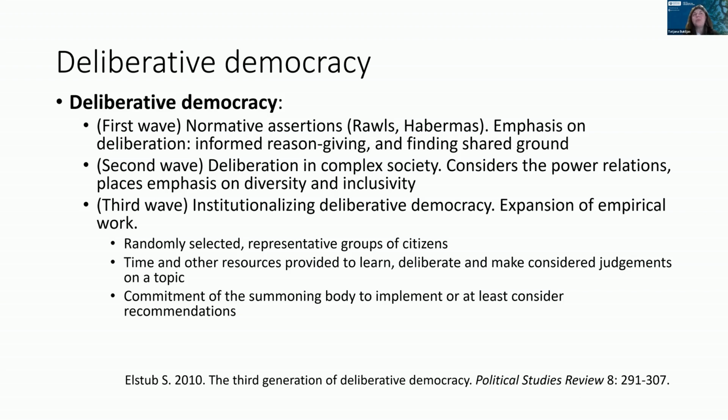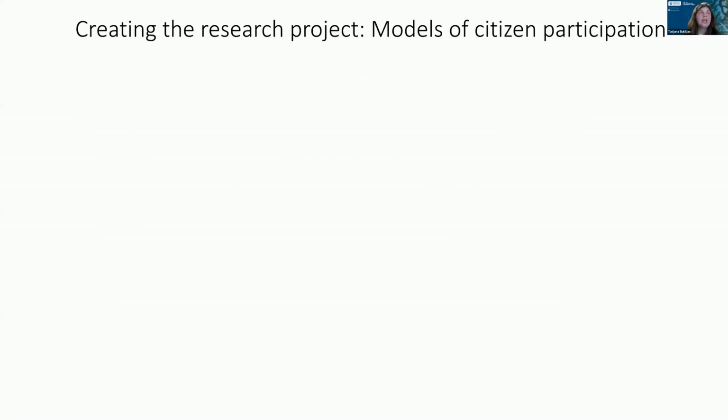This is where the popularity of citizens' assemblies and citizens' juries comes through. This is of course driven by the big complex policy problems we have today, climate change and those linked to climate change and environmental problems. Of course, not only those, but these were the ones driving them to a large extent.